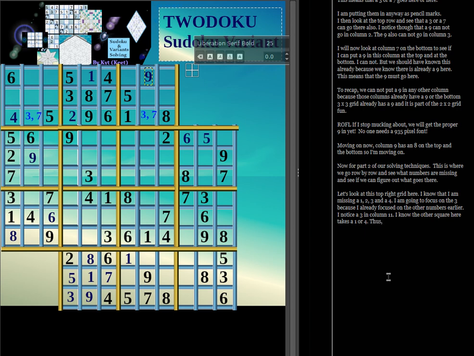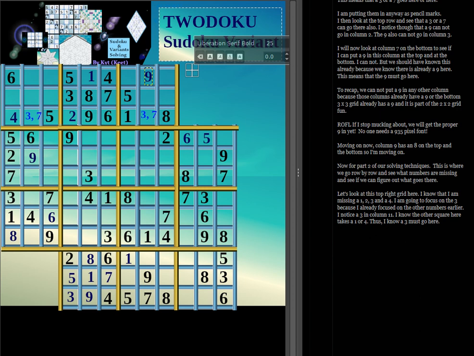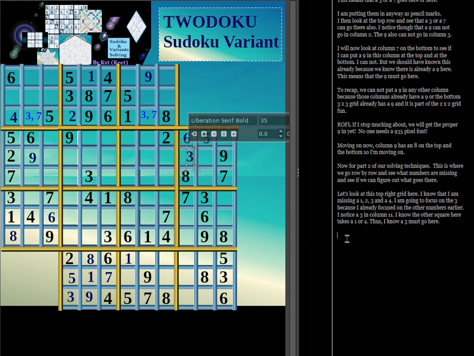Thus, I know a 3 must go here. This also tells me where the 2 goes and where the 3 also goes.